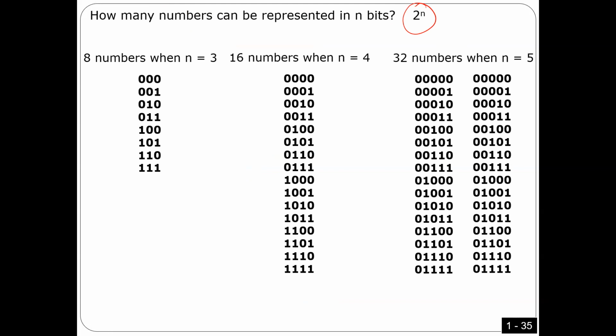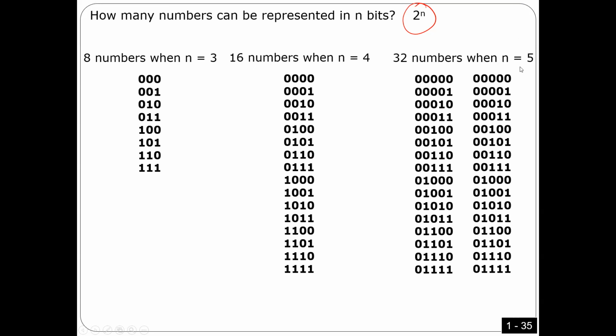These are all the different combinations for 3 bits. Is that okay? If they are 4 bits, how many different combinations can we have? 2 to the power of 4, which is 16. And you can see these are all the combinations we have here. For 5 bits, it should be 2 to the power of 5, and so on.